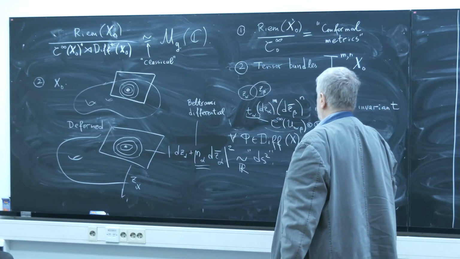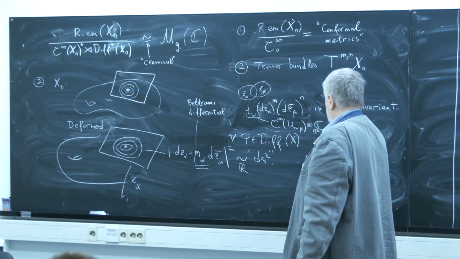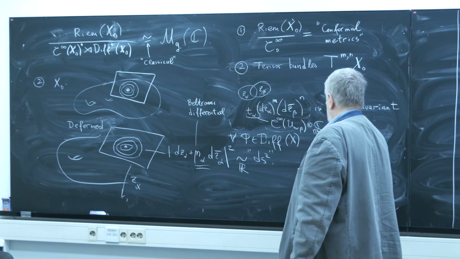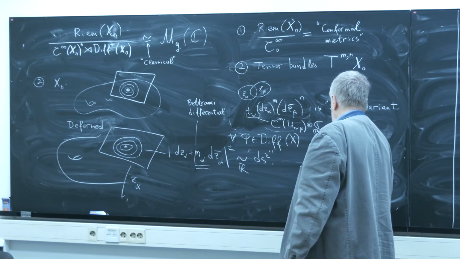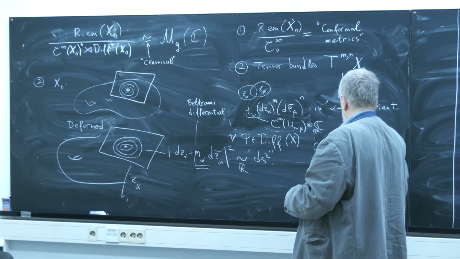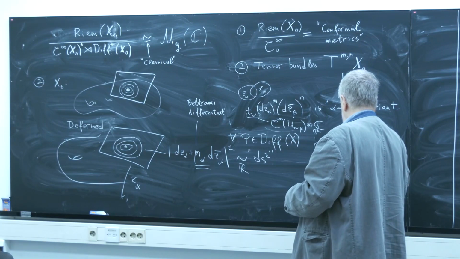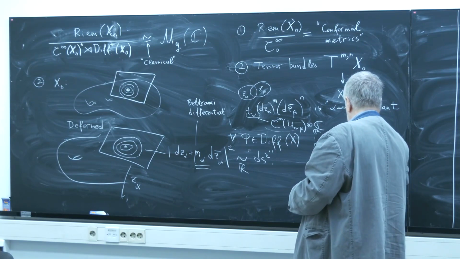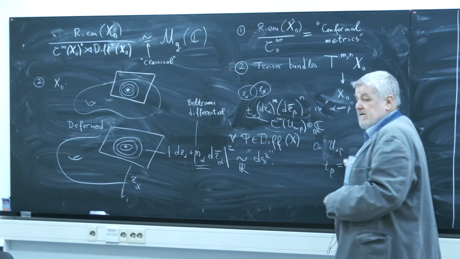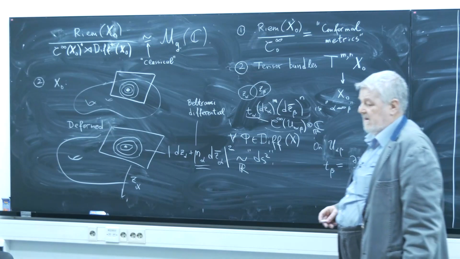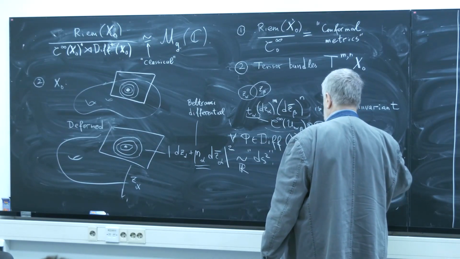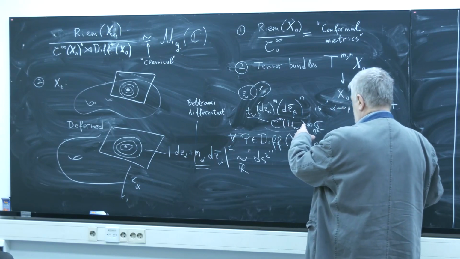It means that on the intersection U sub alpha beta, say, T sub beta is, so the coefficient is, let's write it like this, dz sub alpha over dz sub beta. It is just a holomorphic function. These bundles make sense only on the complex values. So these are to the degree either m or n.